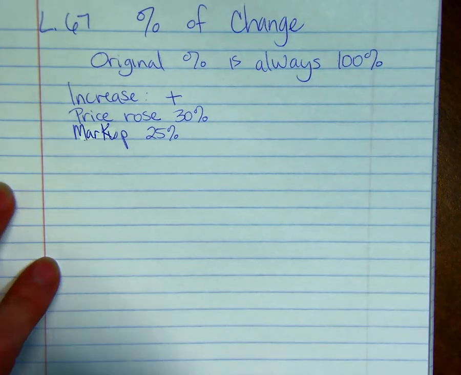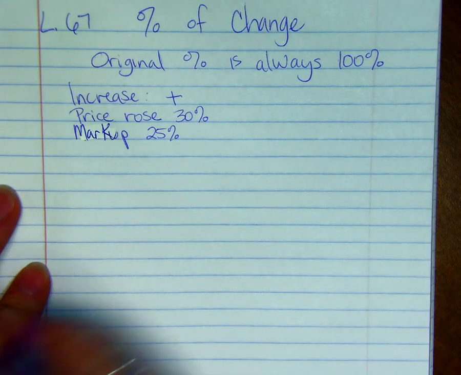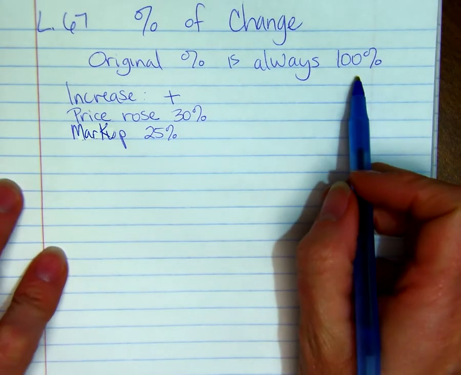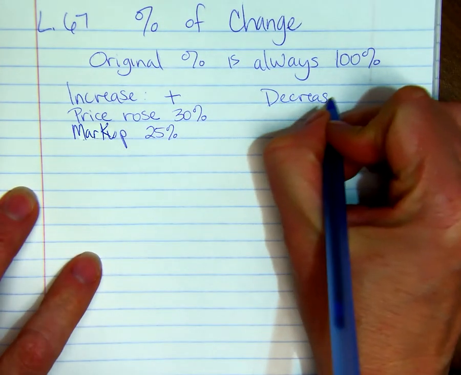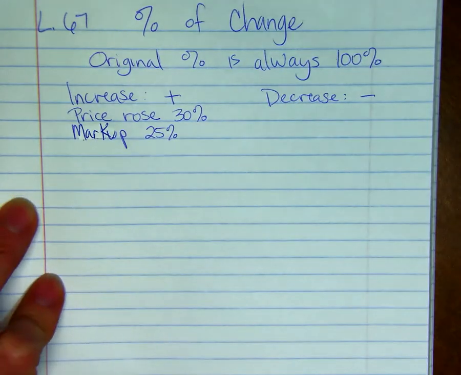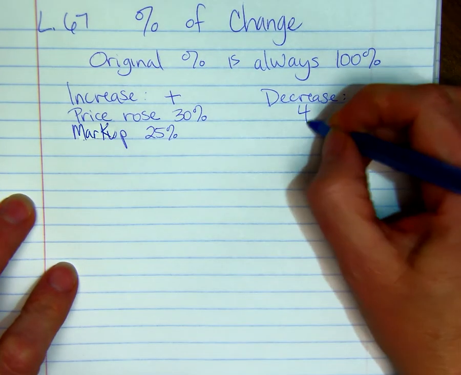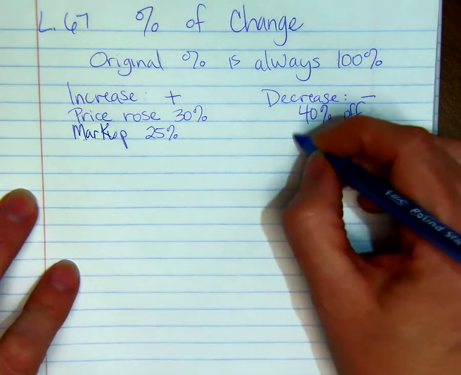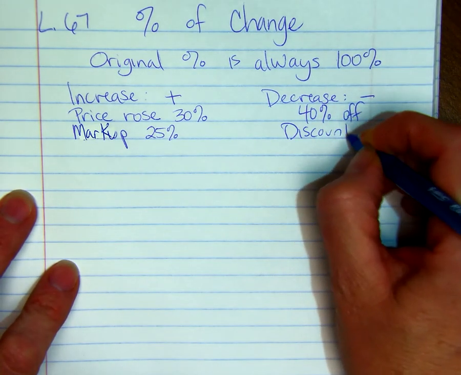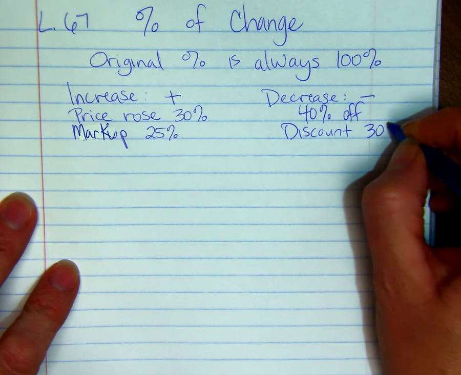So those are some keywords to show that it increased, and we would add those percentages to the original, which was 100%. If there's a decrease, we're going to subtract. So some examples that you might see would be 40% off, or a discount of 30%.